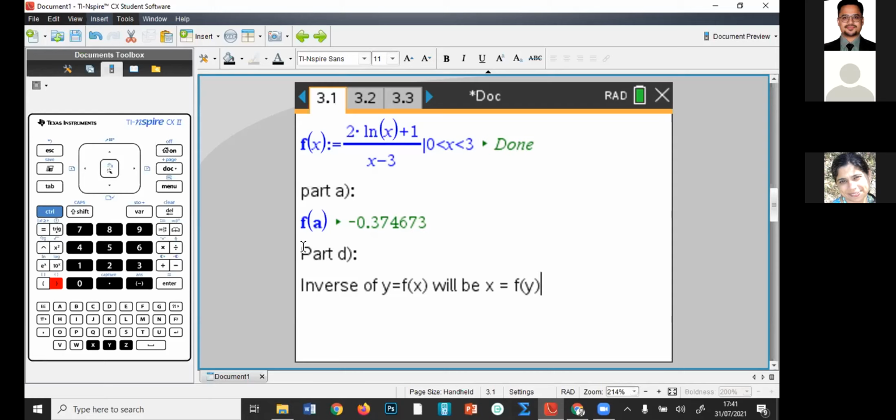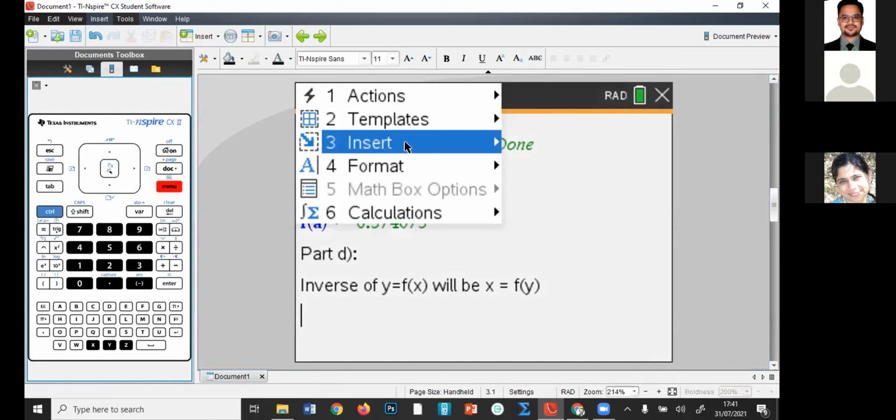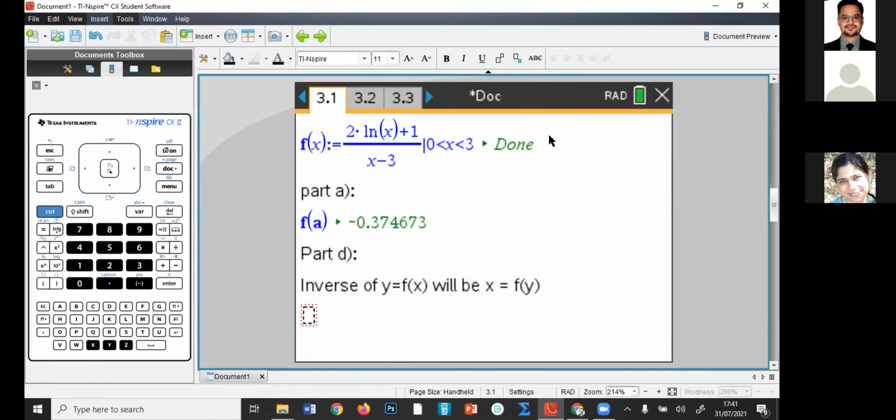So the inverse function will be the locus of all the points satisfying this equation. If I draw a maths box here, the inverse function will be the locus of all the points satisfying this equation. What is this equation?